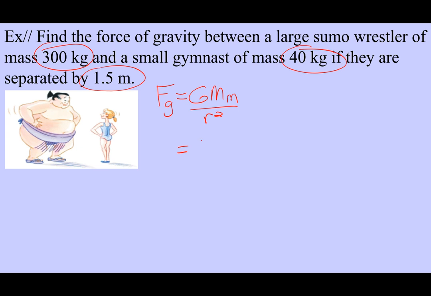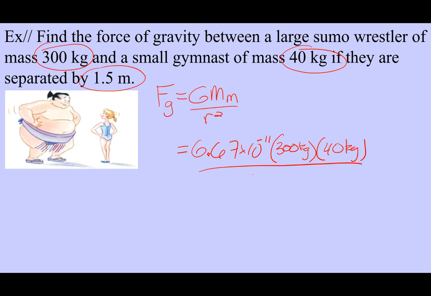So let's put in the data though. 6.67 times 10 to the negative 11 times mass of the sumo wrestler, 300 kilograms, times mass of the gymnast, 40 kilograms, divided by their distance apart squared, 1.5 meters. So you guys are going to have to pause here and try and punch that in. I'm going to write really small because I cannot do this in my head.